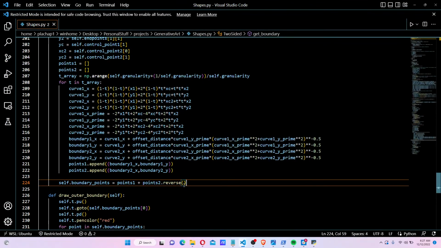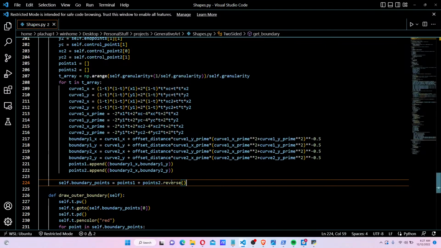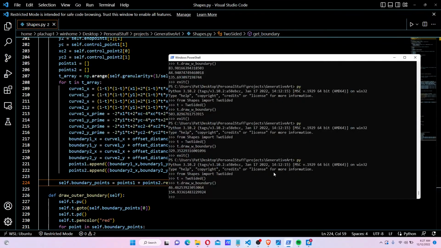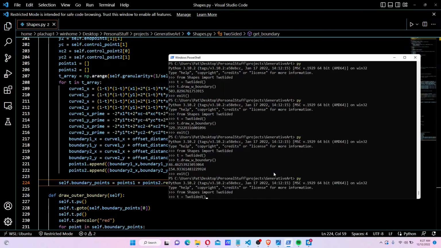Points 2 will be reversed so it doesn't draw that big ugly line in the middle. Exit out of there. Open this back up. And let's see how it does. Whoop.